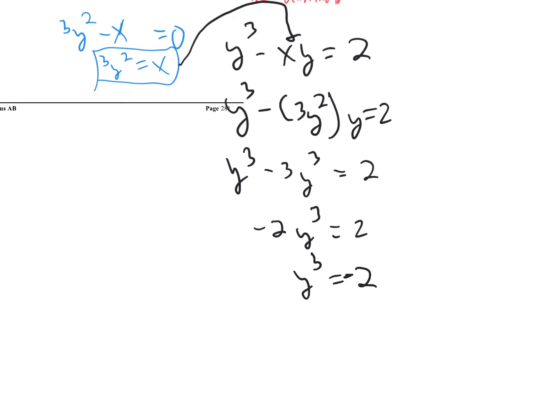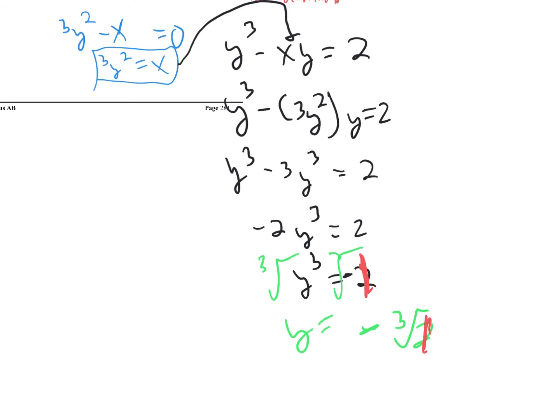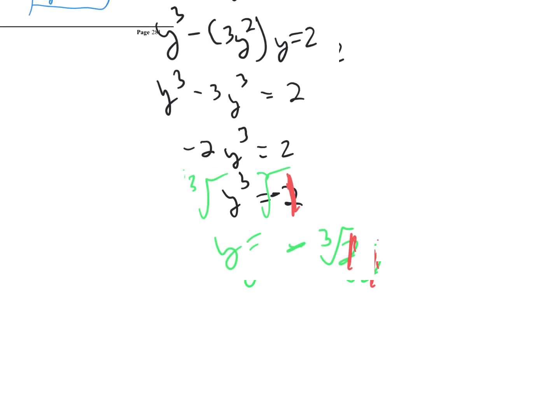So I can take the cube root of both sides. Now, the cube root of a negative is still negative. Did I do it right? Oh, no, wait. I didn't divide right. 2 divided by negative 2 is a negative 1. Okay, so the cube root of negative 1 is negative 1. So there's your y. Well, we don't have the x yet.